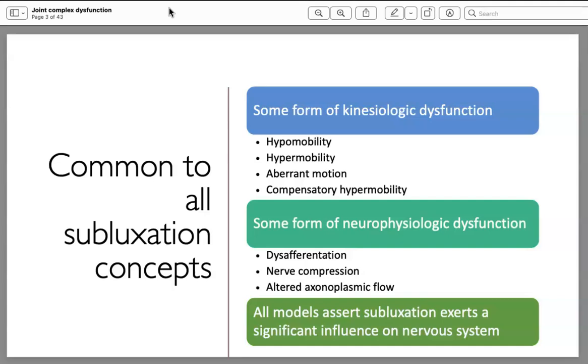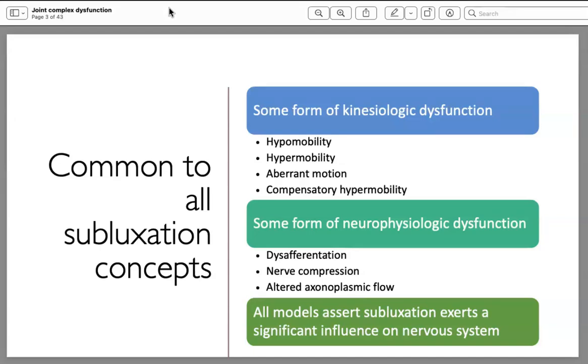model. But common to all concepts of subluxation, we have some sort of identifier of kinesiologic dysfunction as well as some sort of neurophysiologic dysfunction. From a kinesiology dysfunction, we'll just stick there before I flub up even more.